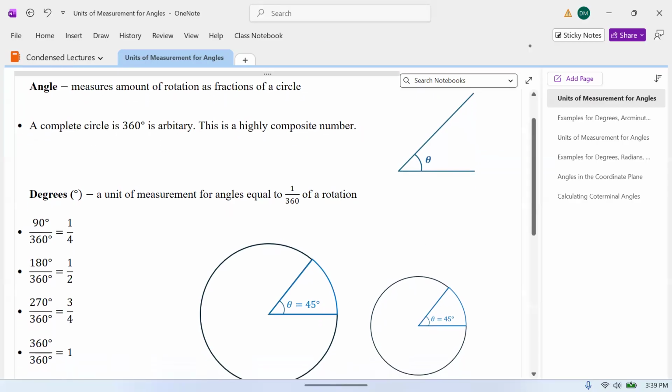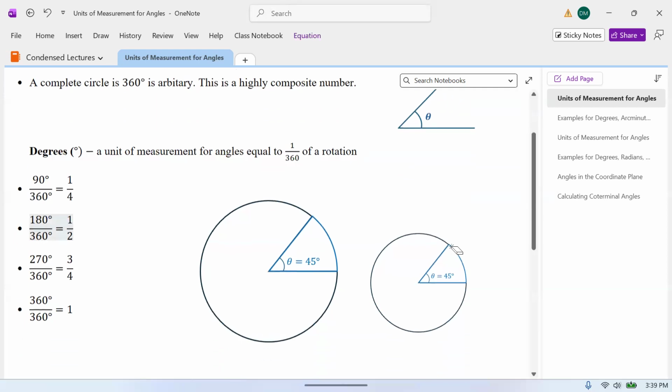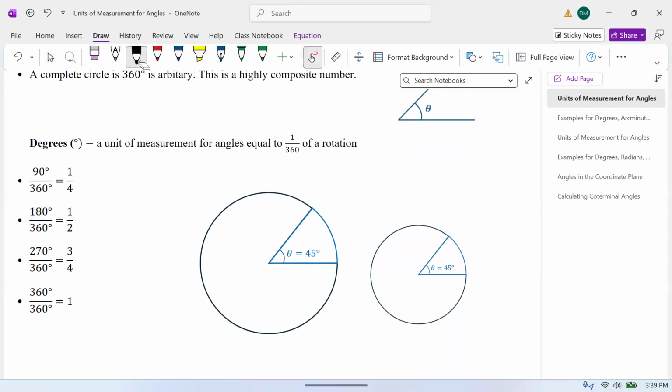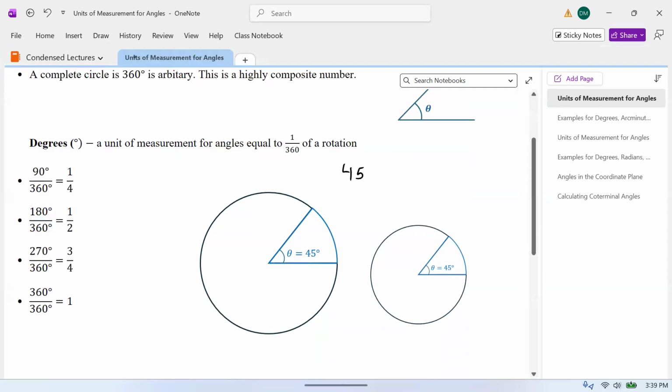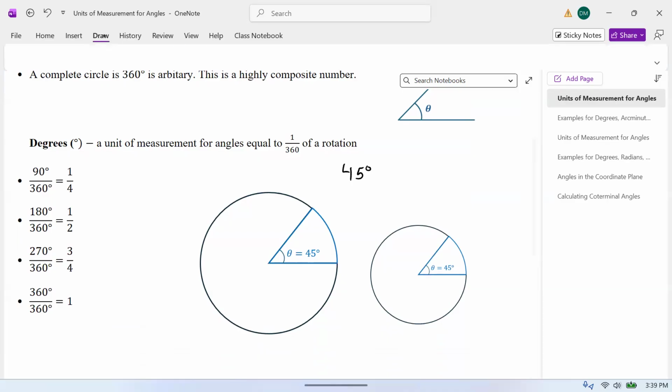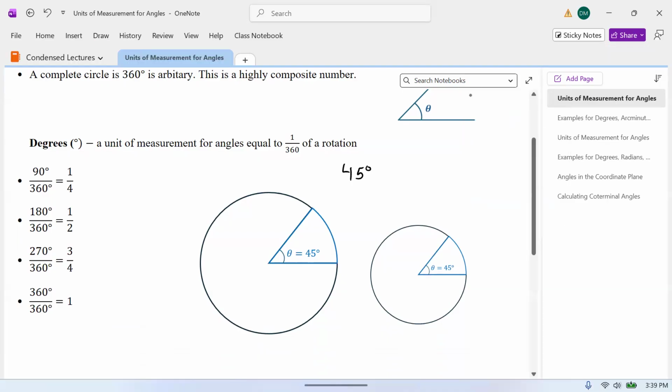First, an angle is best described as a fraction of a circle or an amount of rotation. So for instance, if someone asks you to describe 45 degrees, well, I would see it as a fraction or compare it to 360 degrees.